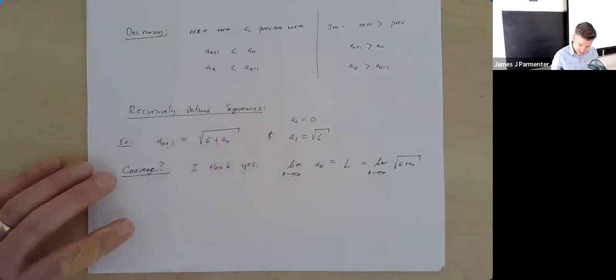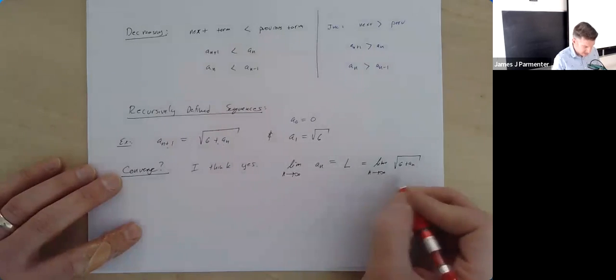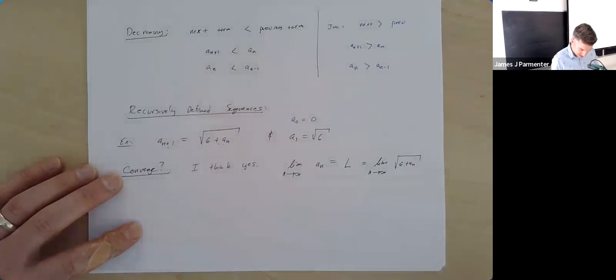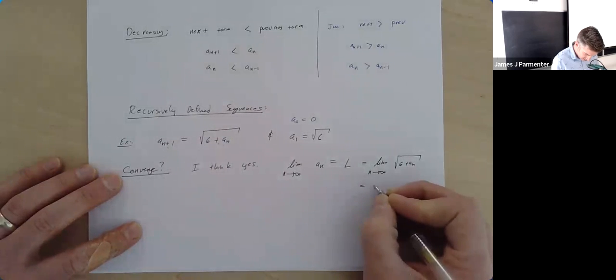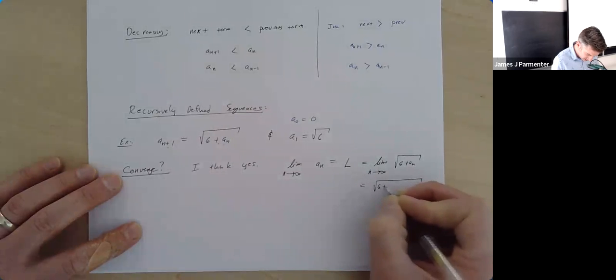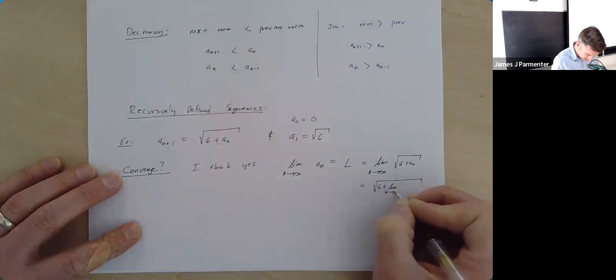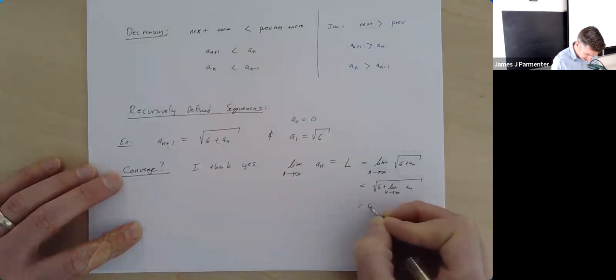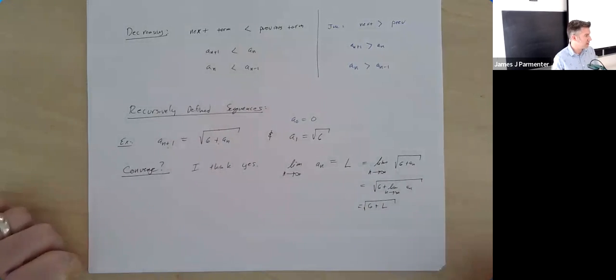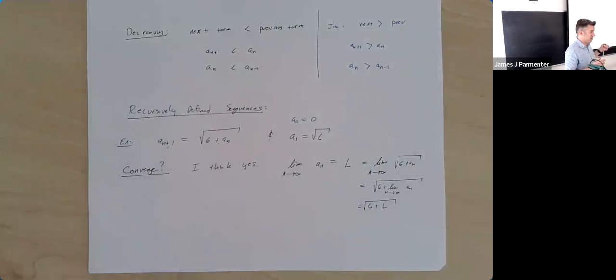But that means if I move the limit inside the square root, this should end up equaling the square root of 6 plus the limit as n goes to infinity of a sub n, which is the square root of 6 plus the limit. So we're just going to replace a sub n and a sub n plus 1 with the same variable L and then solve for L. It's kind of weird, but it works.